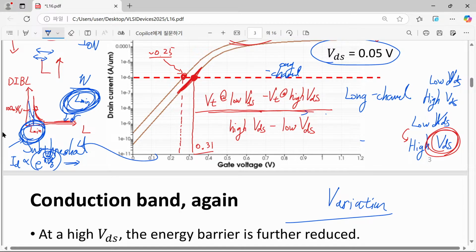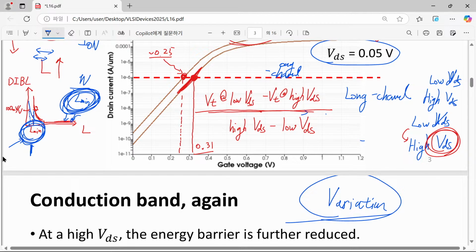So if you are working on technology quite close to the end of its scaling, at minimum length scale, it becomes really sensitive to fabrication mismatch fluctuation. That will make a quite widely distributed behavior of your transistor performance.